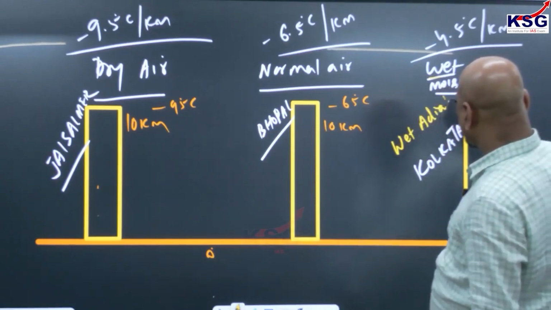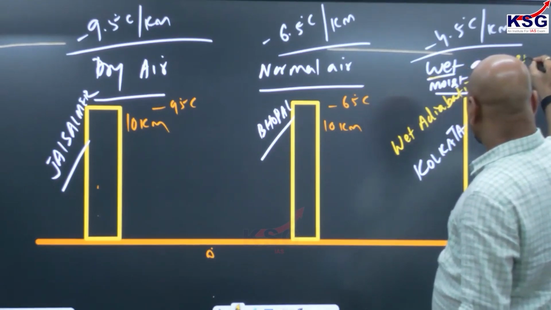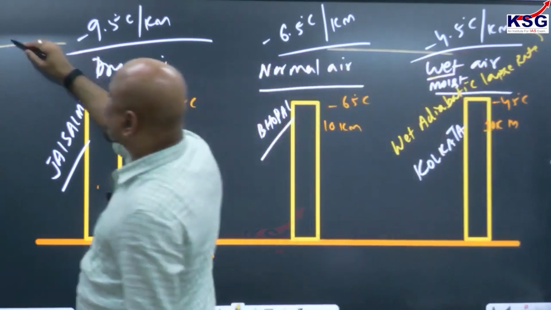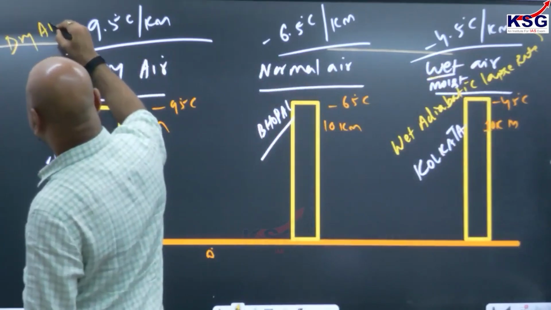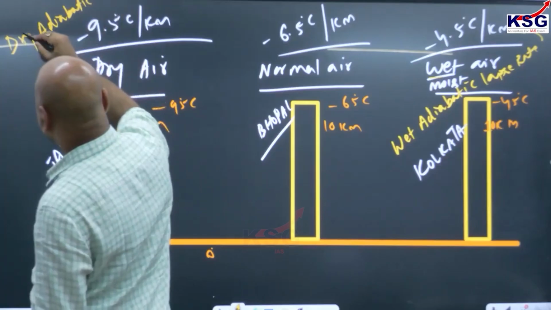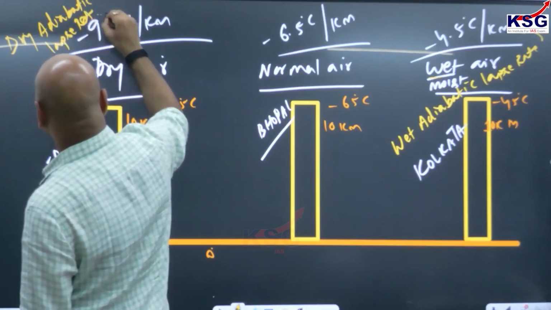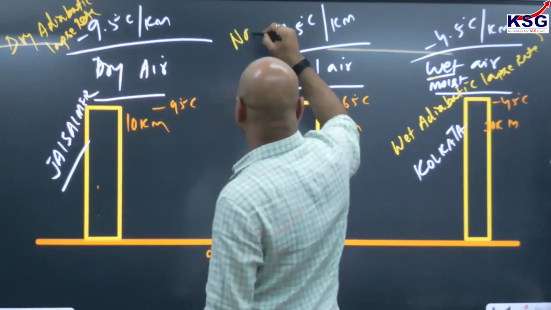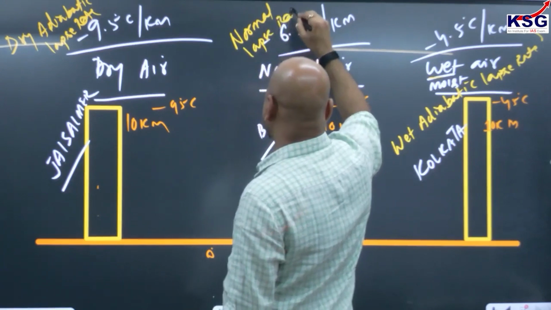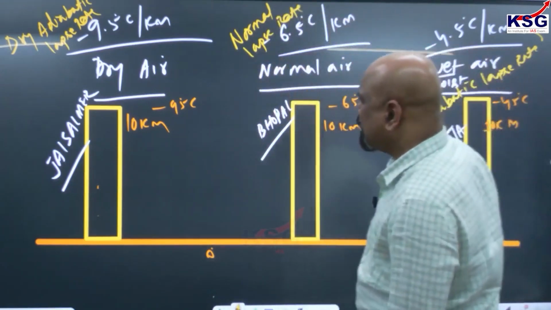This one here is the dry adiabatic lapse rate. This here is the normal lapse rate. Three types of lapse rate you have: dry, moist, and this.